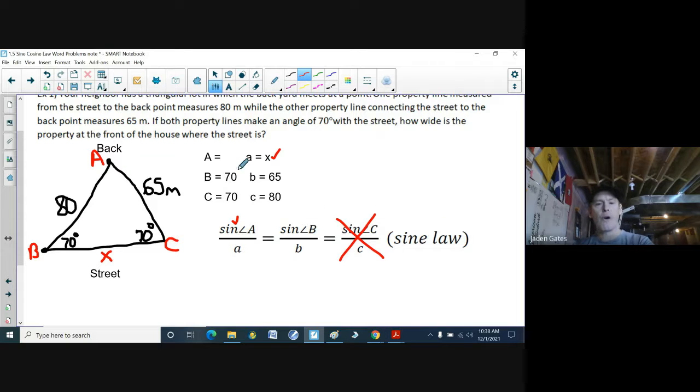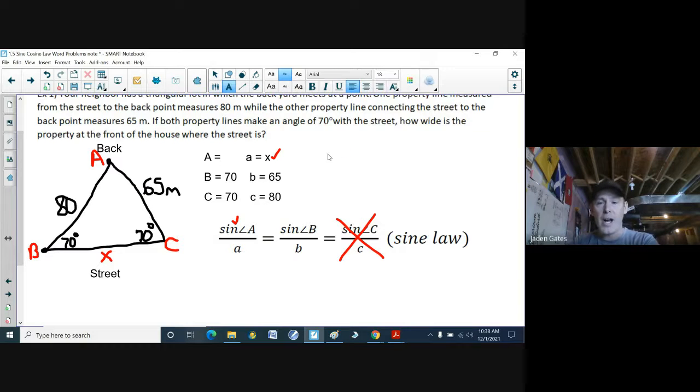Now, there is a problem here, is that I need angle A to use the A part as well. And this is something we went through, is that all the angles inside of a triangle add up to 180.